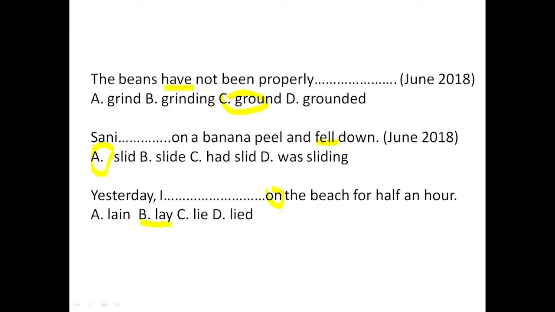Yesterday tells you it's the past tense, so we must consider the past form of the verb lie. So it's lay. Option C, lied: we are not telling an untruth here. We mean something being somewhere. So of course our answer is B.